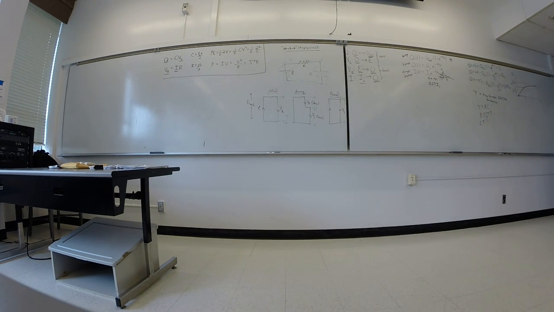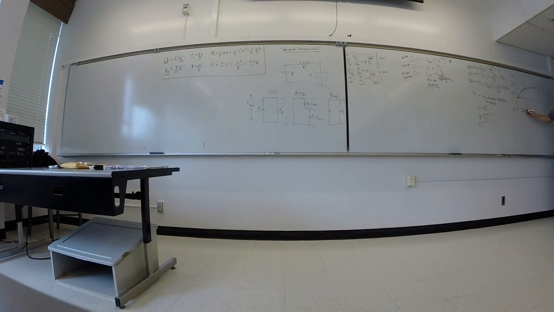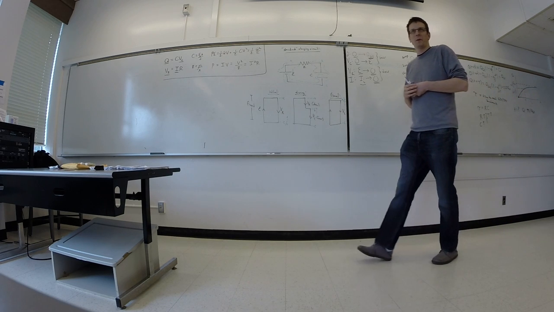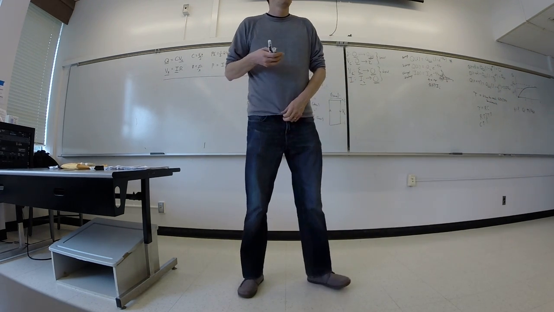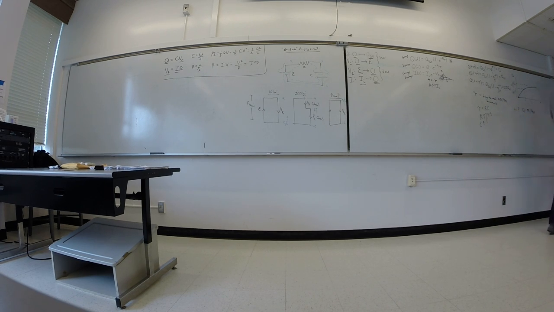Maybe 99% is enough. So it might say, what is the time before the charge is 99% of full? Okay? That might be full enough for your purposes. So let me show you how you might solve this. Well, let's use our function.